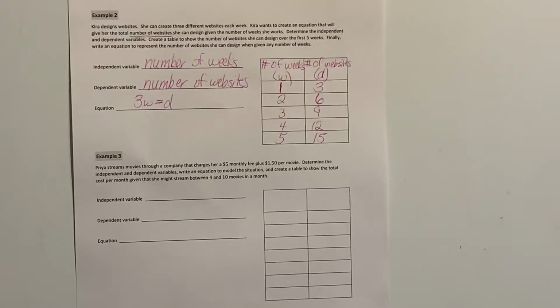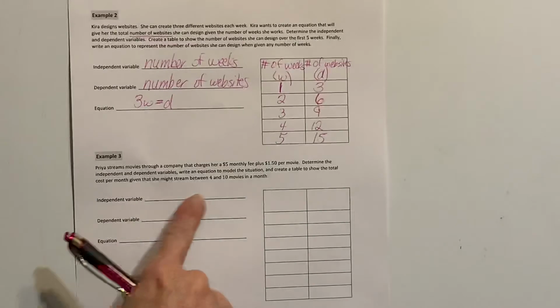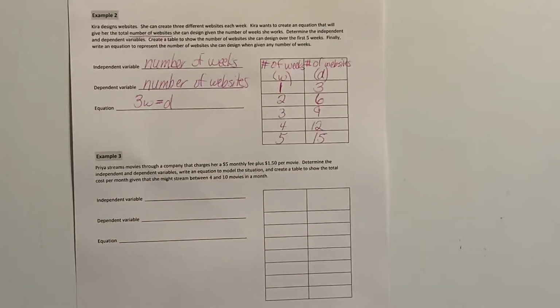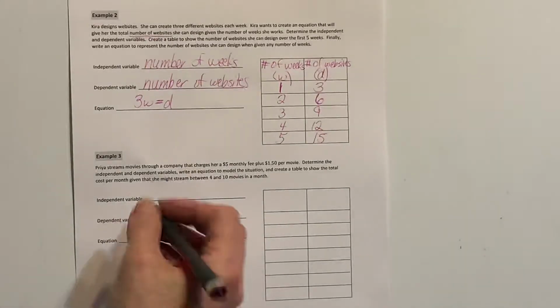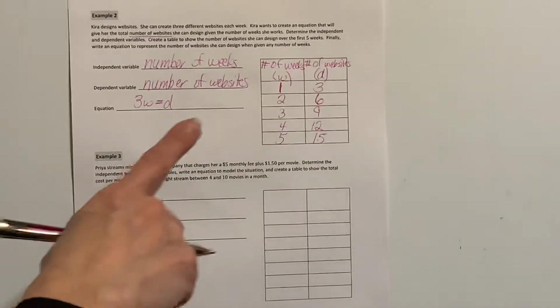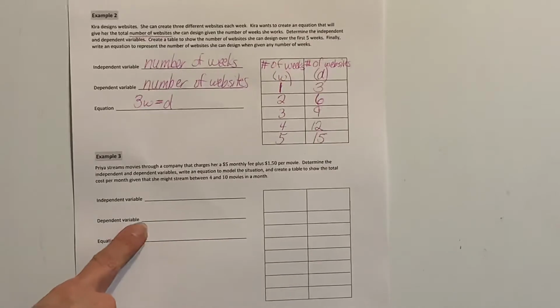All right, so the independent variable would be the number of movies because we've already got the number of movies in there. The number of movies watched per month. Okay, now the reason we have that as the independent variable is because that will determine the cost.